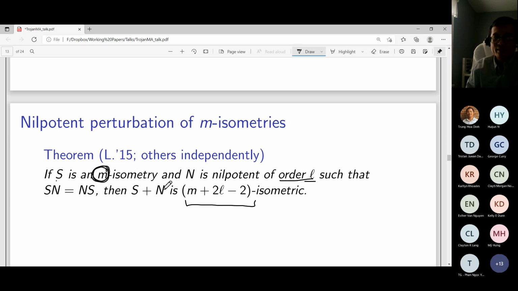In the case of isometry, m equals 1, and that's why we have 1 plus 2L minus 2, which is 2L minus 1. But in general, we need the m there. So we could imagine that if one tries to use a combinatorial identity to prove it, it's possible, but it would be complicated to do.